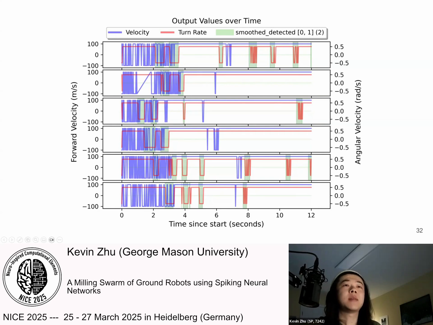This is just one of the networks that was learned, but it actually did seem to spread the robots out, especially if we look at these particular points in the output graph. And for the first little bit, the turning rate does seem to somewhat match up with our previous binary controller. When we see something, the robot will turn one way, and then when it doesn't see anything, it'll turn the other way.